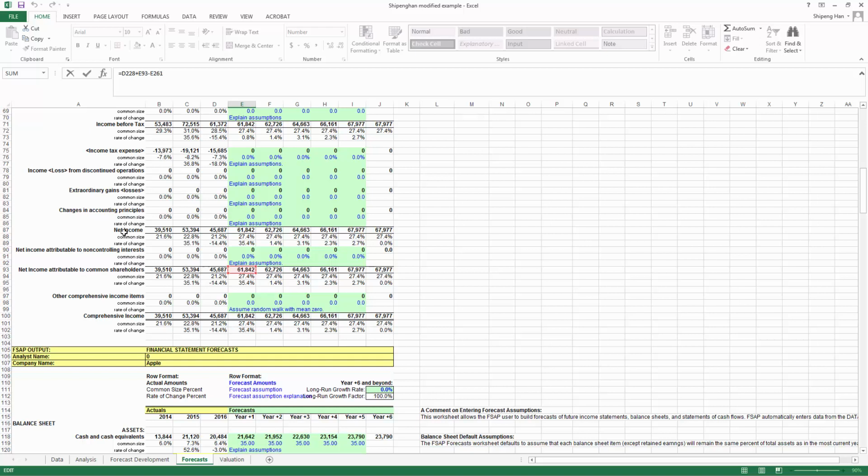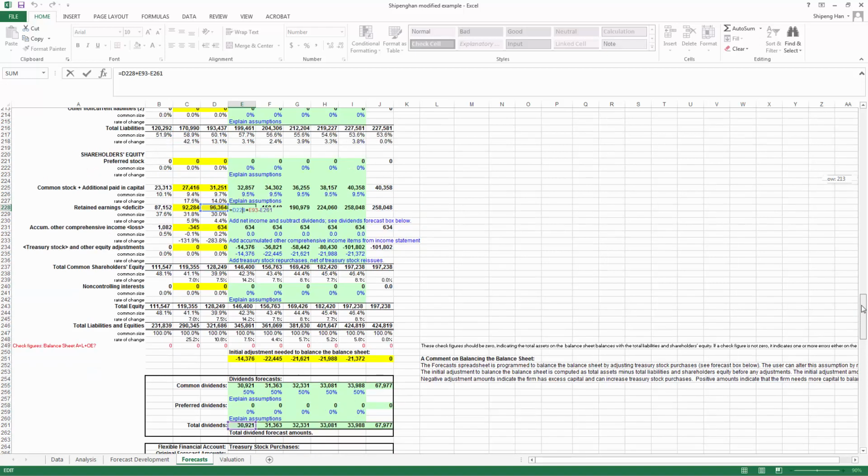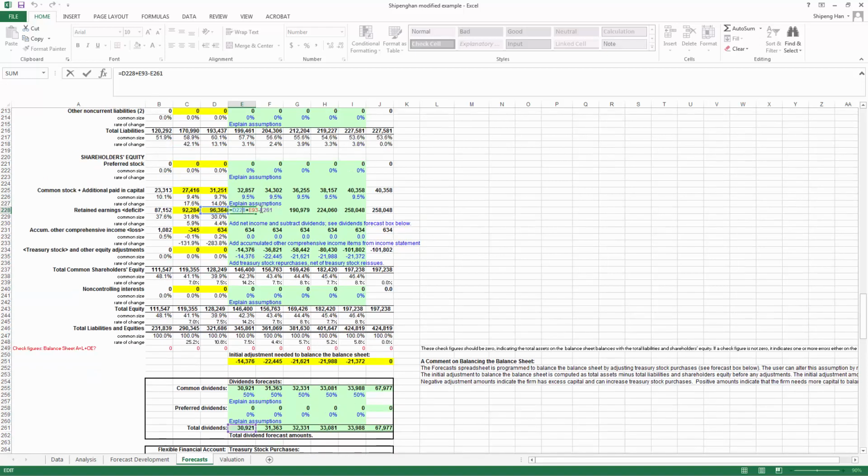We do not use net income directly because some of the profits are attributable to non-controlling interest. The next one is E261, which is here, total dividends. So this is the formula to forecast the retained earnings.